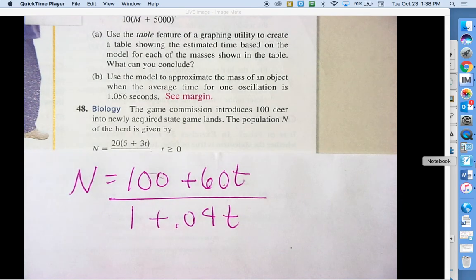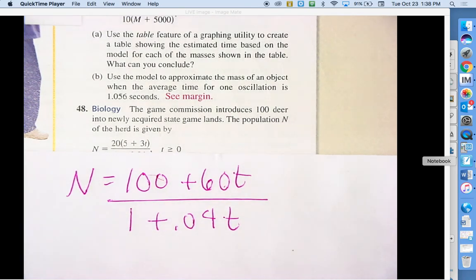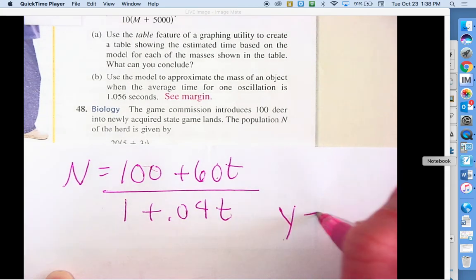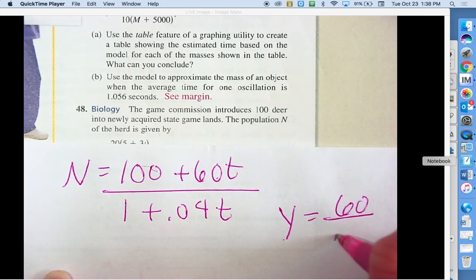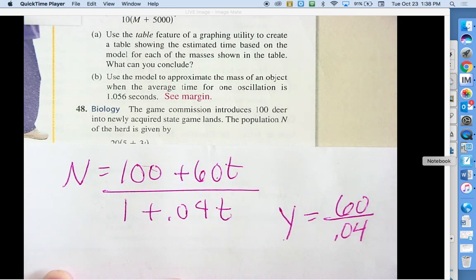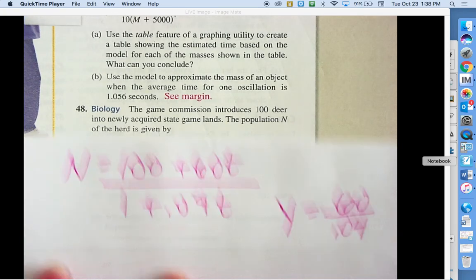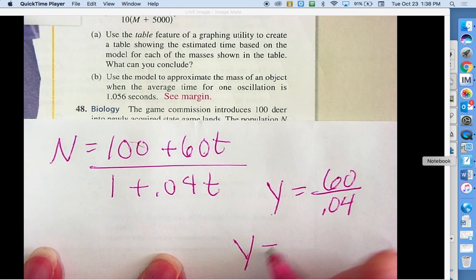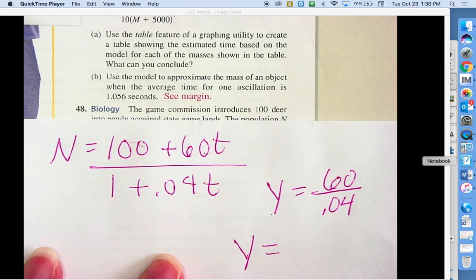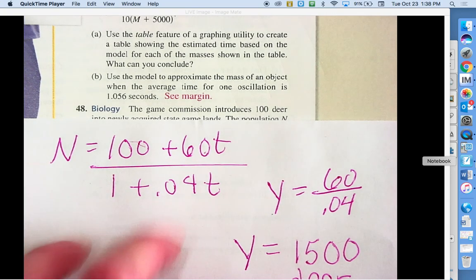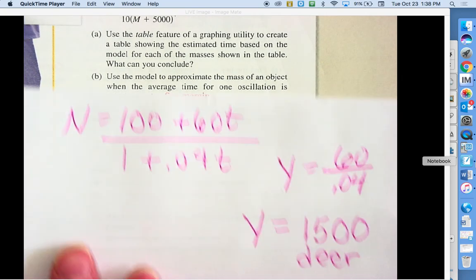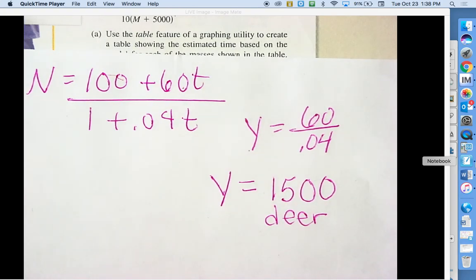And then because the powers are the same, your asymptote is found by taking the coefficients, which would be 60, and dividing it by 0.04. And then Virginia, that number for a horizontal asymptote would be 1,500. So that's where the horizontal asymptote would be. That means that's the max value for the number of deer in this population.